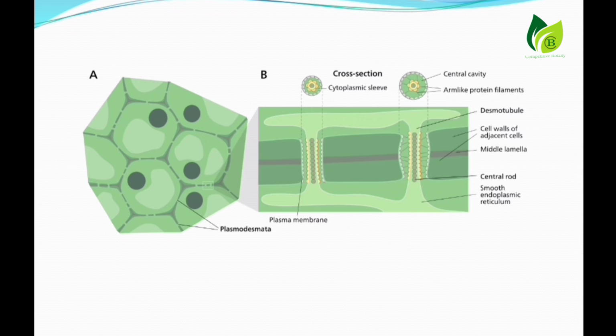Now coming to the secondary wall, in some cells deposit additional layers on the inner surface of the primary wall. This occurs after the growth stops or when the cells begin to differentiate. Then the secondary walls are formed.